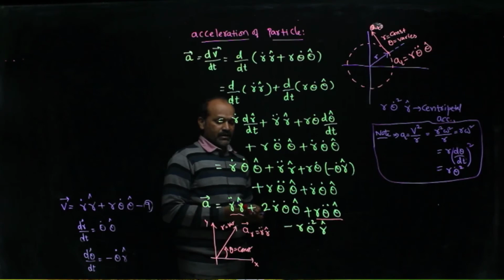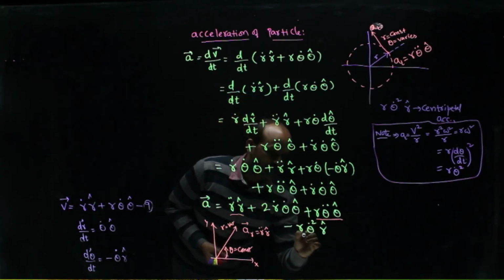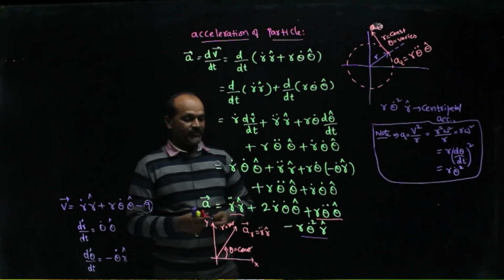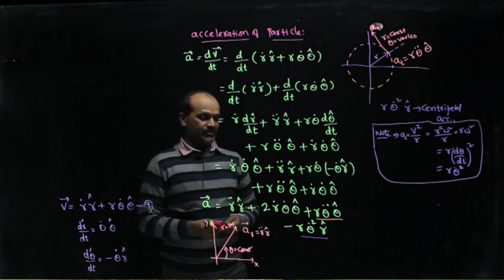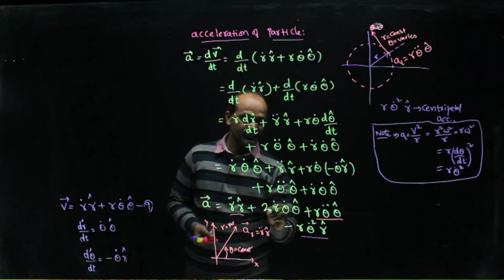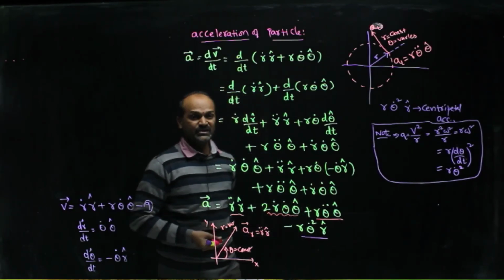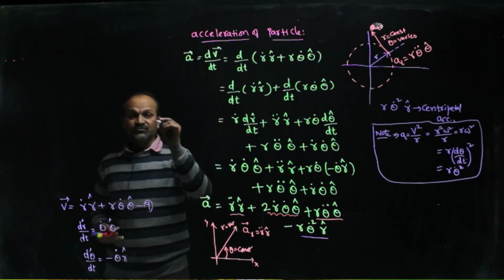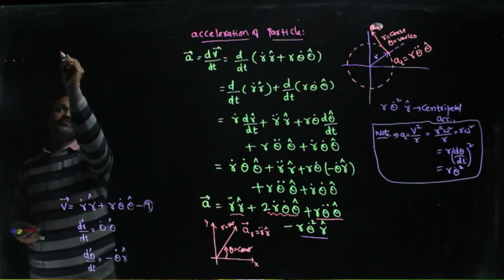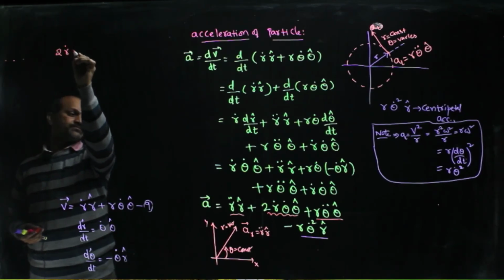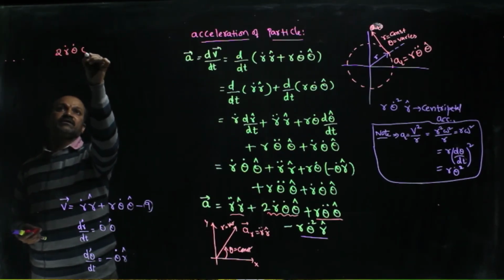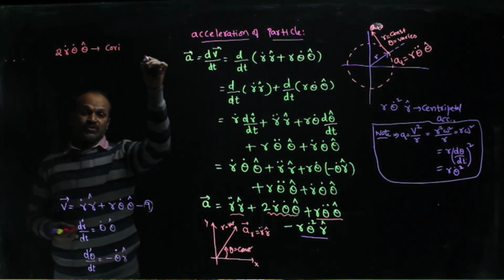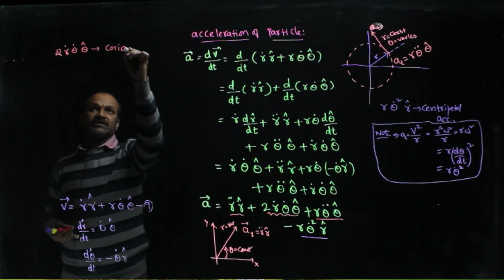Here we have information about 3 parameters, and one more parameter is there, that is this one. This is a very important parameter. This is called Coriolis force. So in that equation, 2 r dot theta dot theta cap is known as acceleration due to Coriolis force, or Coriolis acceleration.